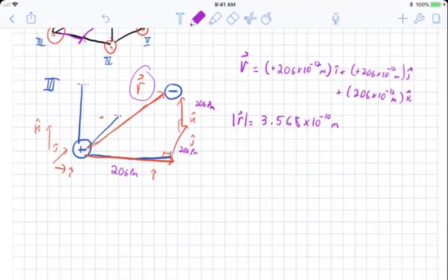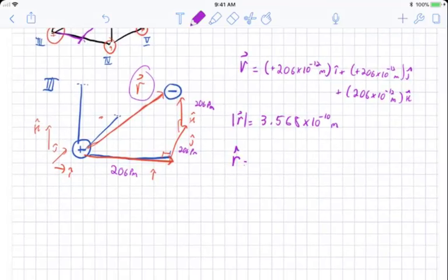And this lets us calculate unit vectors. I'm going to divide this r by its own length, which gives me 206 e minus 12 divided by the answer: 0.577 i hat plus 0.577 j hat plus 0.577 k hat.